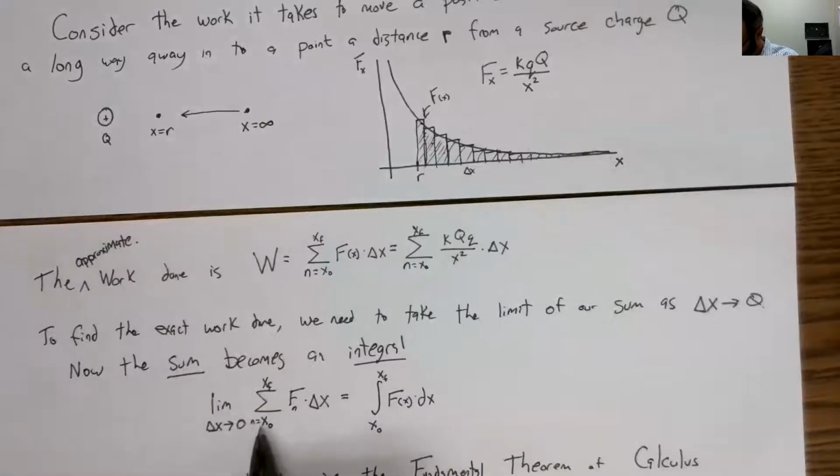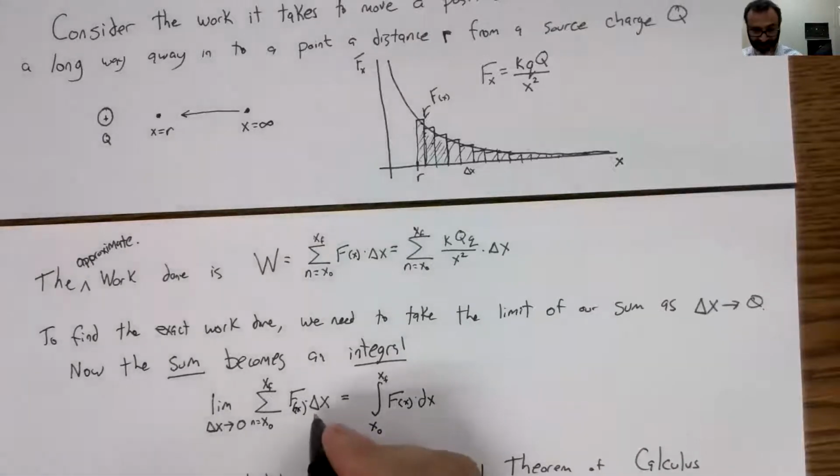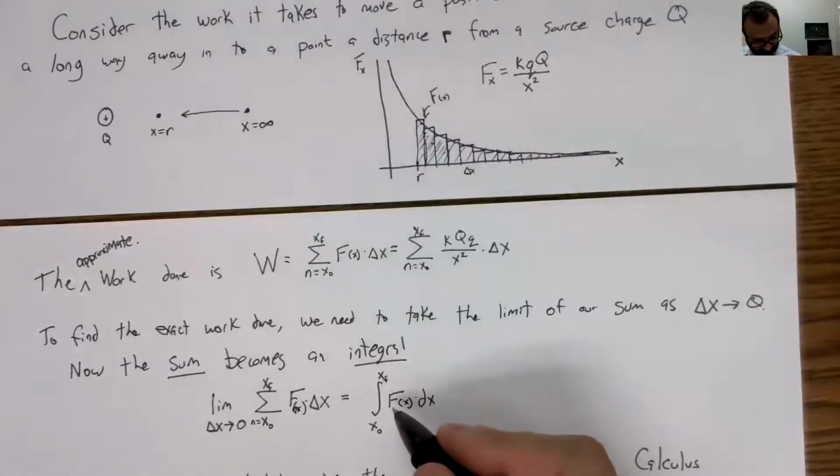So this sum, in the limit that delta x goes to 0, of the sum from x naught to x final of our f of x delta x, turns into this integral.